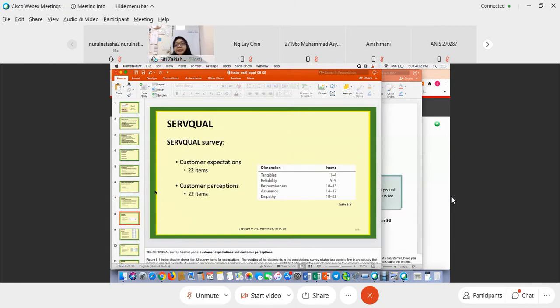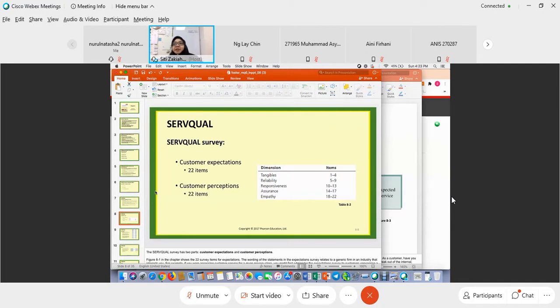So the SERVQUAL survey has 22 dimensions. The beauty part of this is you measure customers' expectation, and after that you measure customers' perception.